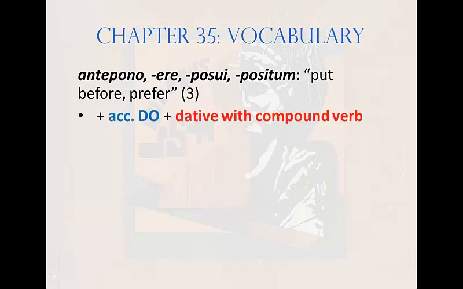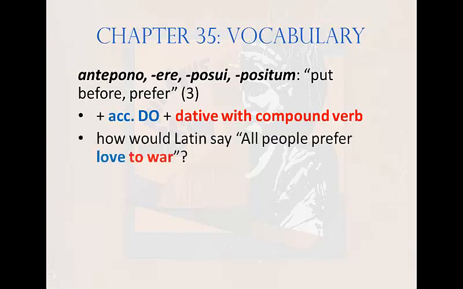It expects, as many compound verbs do, two nouns in different cases, an accusative, the direct object of the verb itself, pono, and a dative, which is a dative with a compound verb, or better, the compound of the verb, ante, meaning before. How would Latin say, all people prefer love to war? The big question here is, which noun will be accusative, that is, the object of the verb pono in the compound antepono?